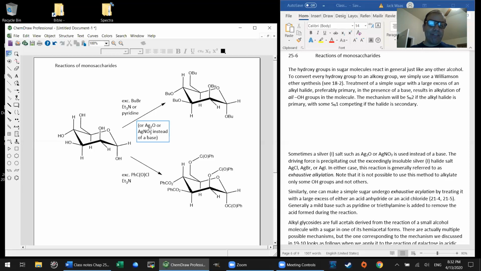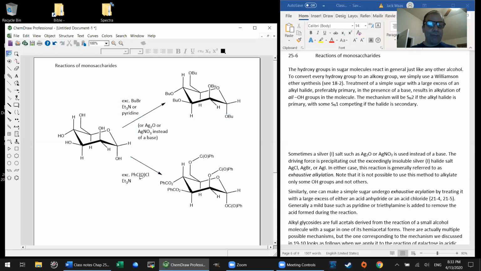And so that's just a variant on the same thing. Either way, you wind up with an exhaustive alkylation. Again, I've just chosen this sugar arbitrarily and 1-bromobutane because it was the first primary alkyl halide that popped into my head. A similar reaction to exhaustive alkylation is exhaustive acylation.